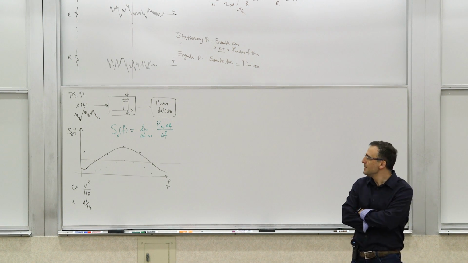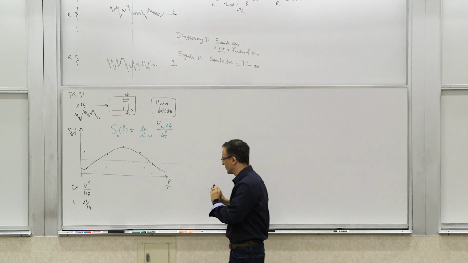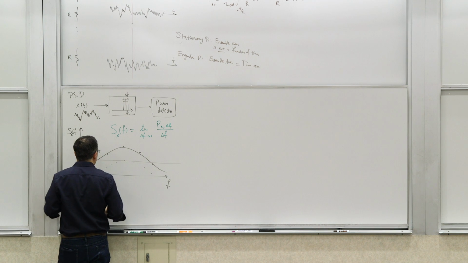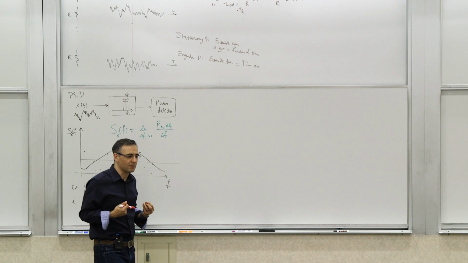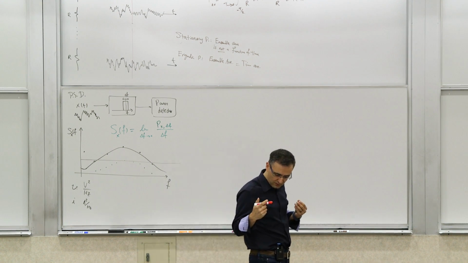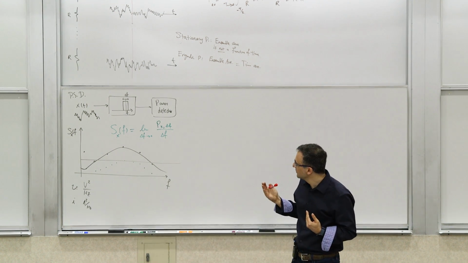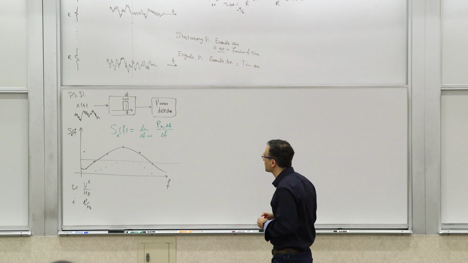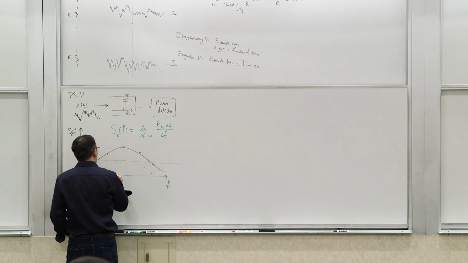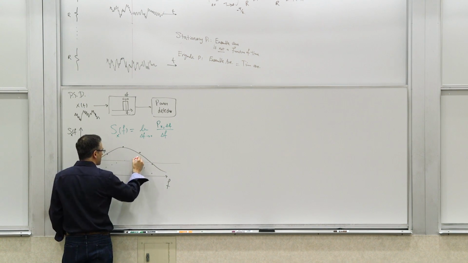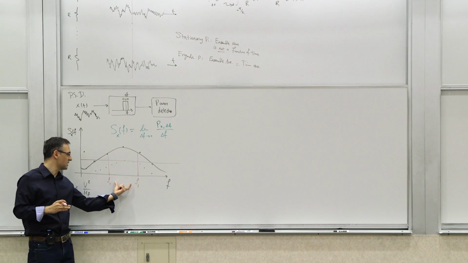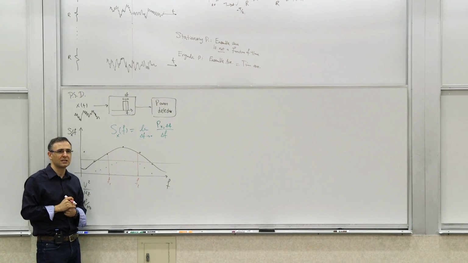Well, let's talk about something before we get to answer that question. The key question is, if you wanted to know the energy between two different frequencies, how do we calculate it if you have the power spectral density? Say we wanted to know the energy confined between F1 and F2. Let's say somehow we can put an ideal filter that passes the frequencies between these two and blocks everything else.